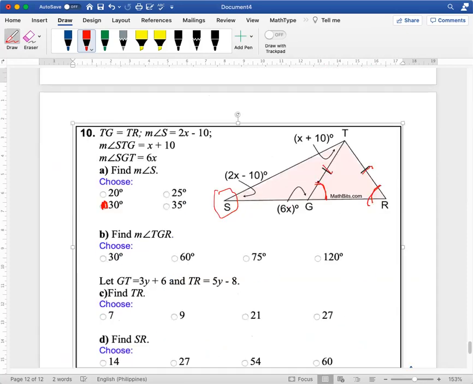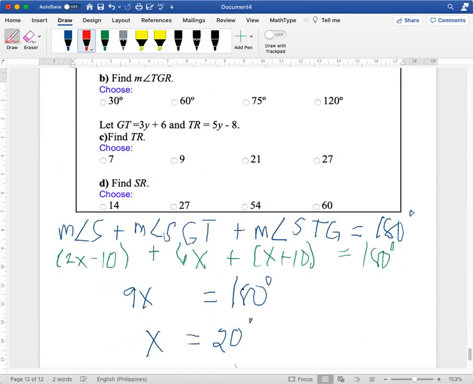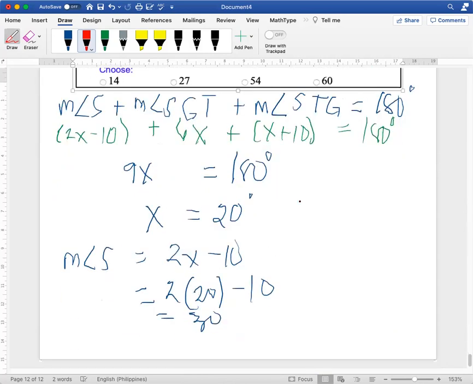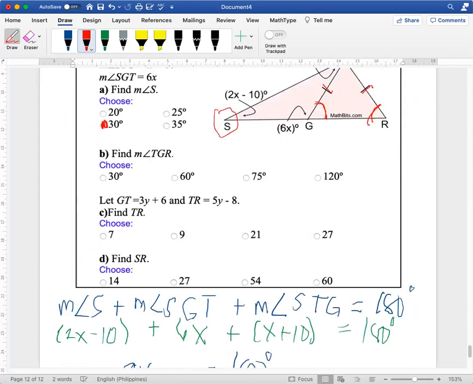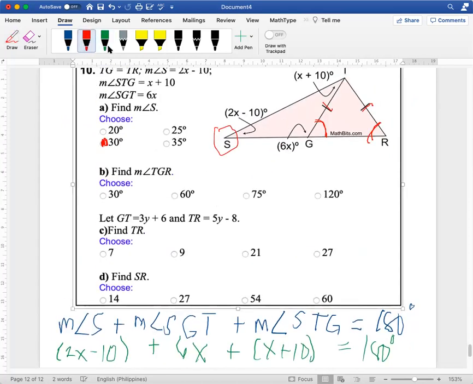So if we're looking for this, we can find the value of this angle. 6x is equal to 6 times 20, and this is 120 degrees. Therefore, this is equivalent to 120. All right, 120.